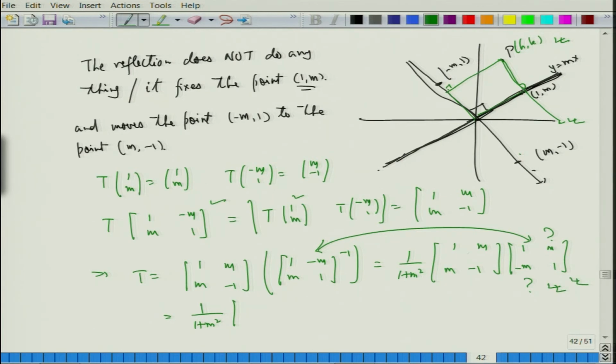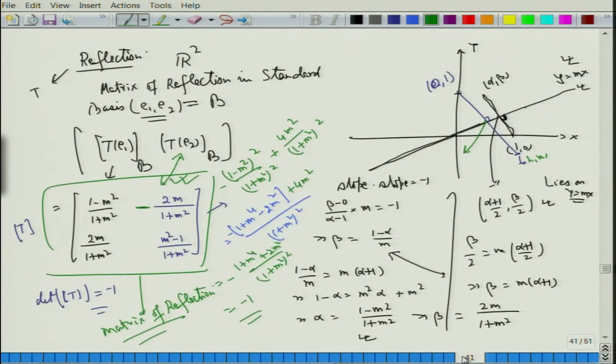Is that okay? Now, if I multiply these two, I get 1 minus m squared, and m plus m is 2m. So I wrote it wrongly, I think. So I will have to go back and see what was the mistake.